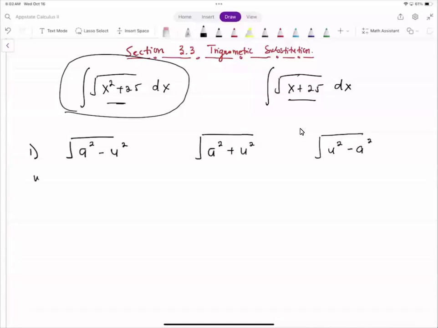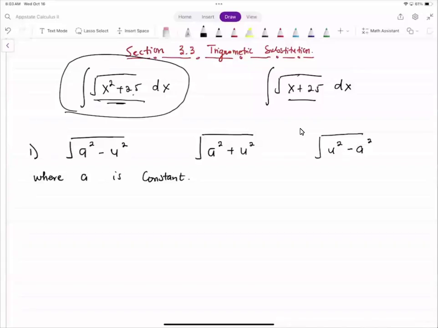So here, a is a constant. When I say a constant, it could be a number. For example, when we look at this, we can see that a here is 5, because here we have a squared. So a here is 5.